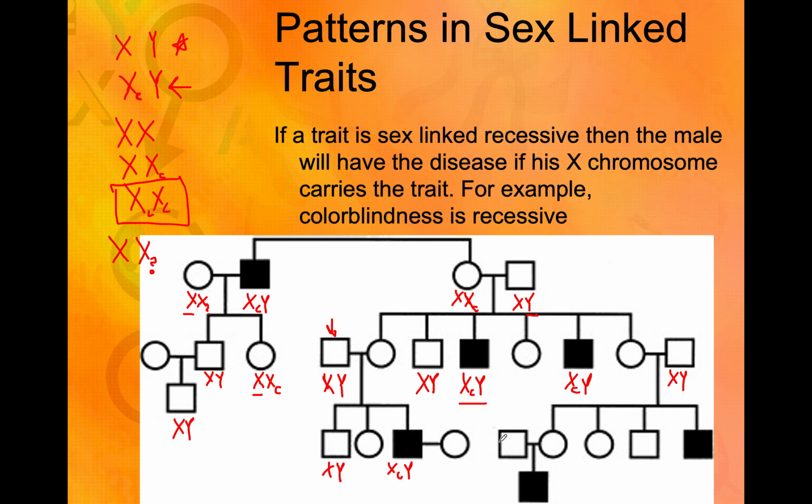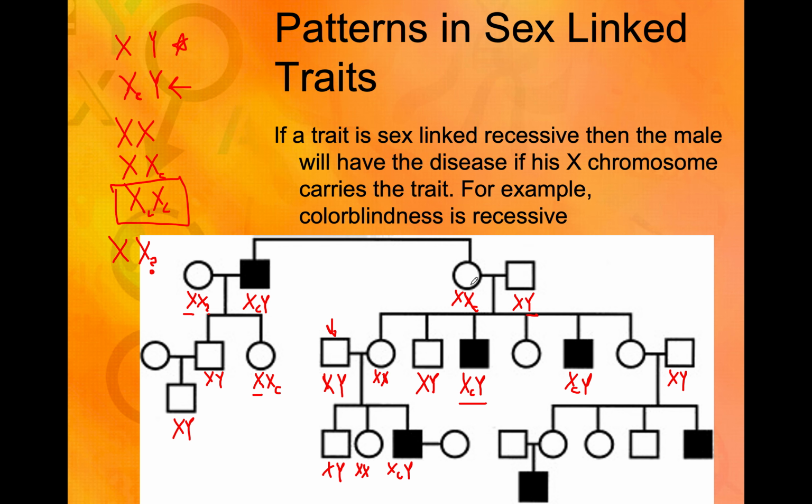So are there any other females we can tell are carriers? So this female right here, she could be a carrier. And here's how I figured out she could be a carrier. You have to bear with me. Let's go back here. All right, so this woman right here, could she be a carrier? She could be. Matter of fact, we know she is.